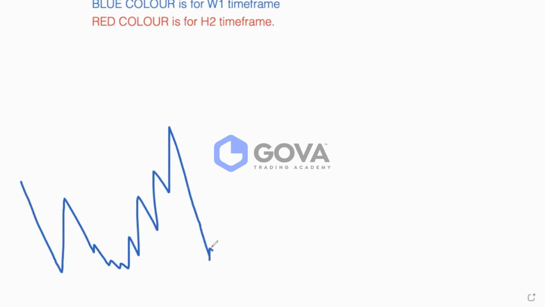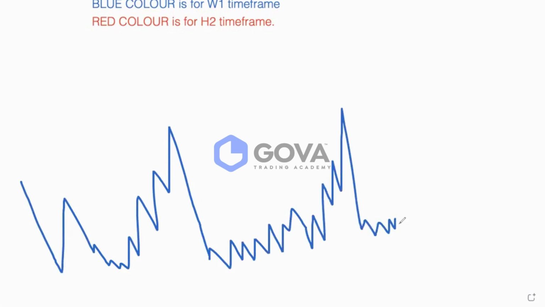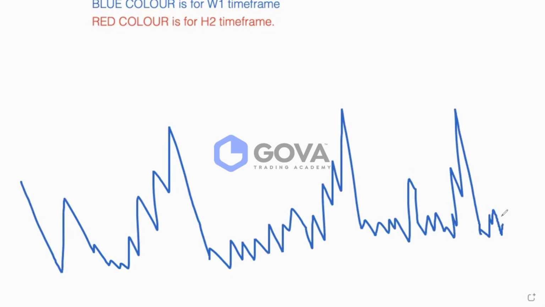Now, this is what I'm trying to do. Let us assume the blue line market structure is what we are having like this. Let's say this is a buy trade structure. Now, on this buy trade structure, I believe you guys can see that we have something here.